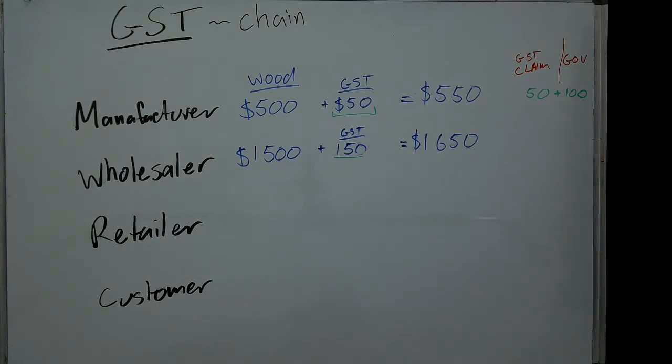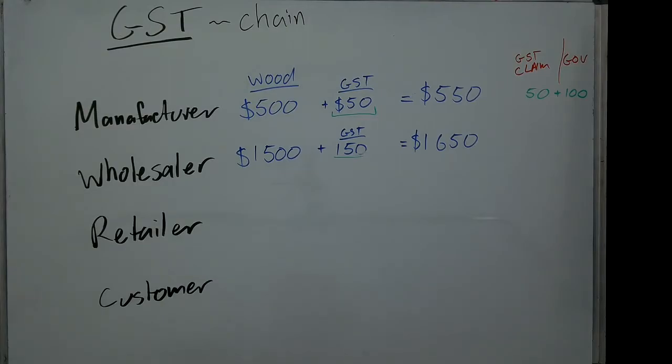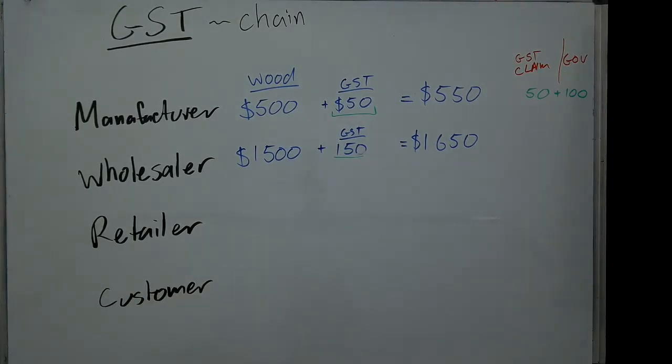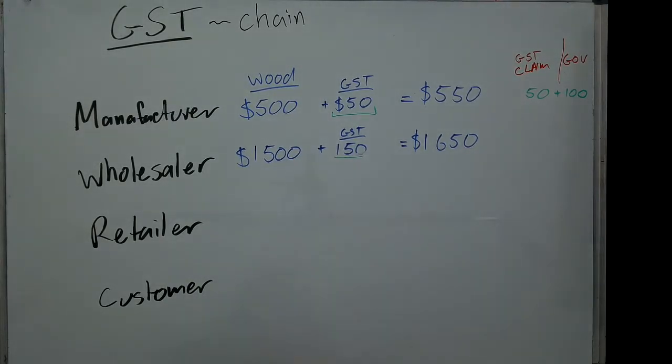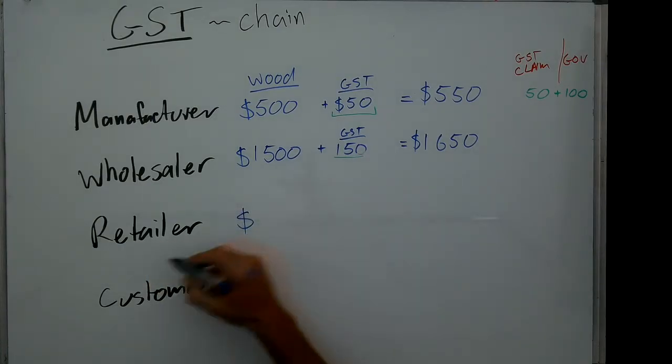Okay, so the next layer is the wholesaler puts the tables in their warehouse, keeps them there for a while, and then they find a retailer who's willing to buy those tables. So the wholesaler says, well, we want to make some profit because we put them in our warehouse, so we're going to sell them to the retailer for, say, an extra $1,000.